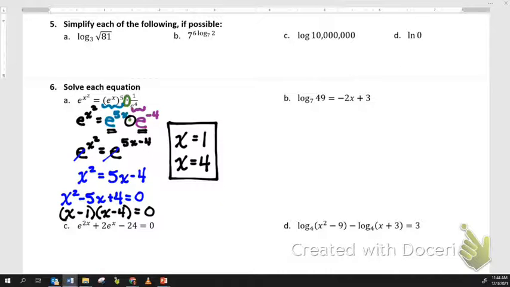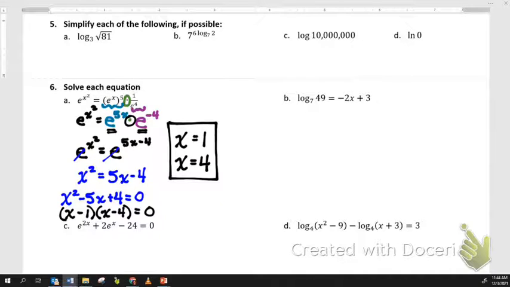There's no logarithms. We're working with exponential expressions here. What's the domain for exponentials? What things are you allowed to use for x in an exponential expression? Anything you want. It's all real numbers. The only time we have to look for extraneous things is when the domain is not all real numbers.